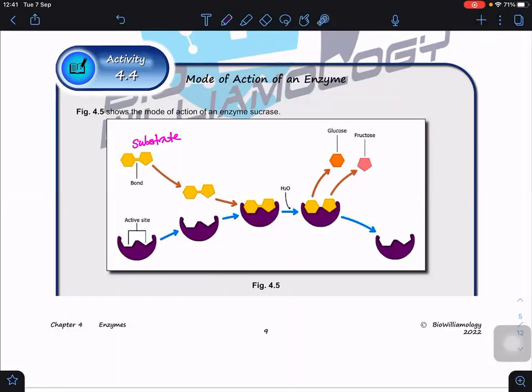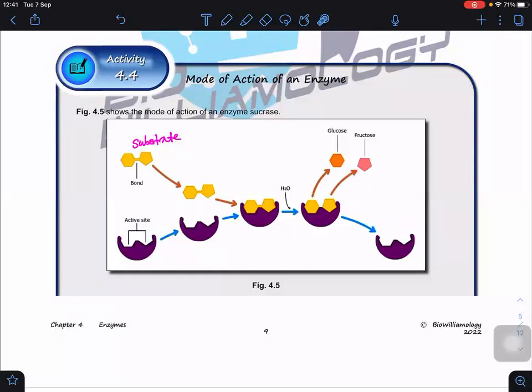What we observe is whether the shape of the substrate is exactly complementary to the shape of the active site or not. Be careful, guys. First, you look at the shape of the substrate. You look at the shape of the active site. Are they complementary to each other or not?